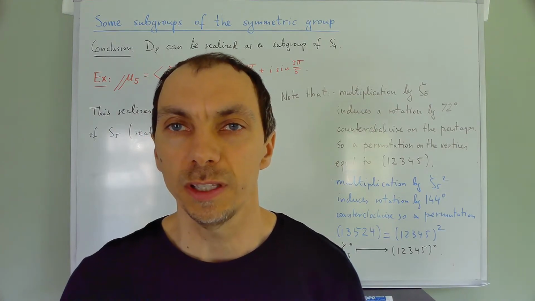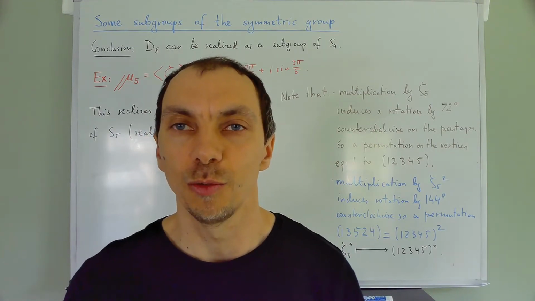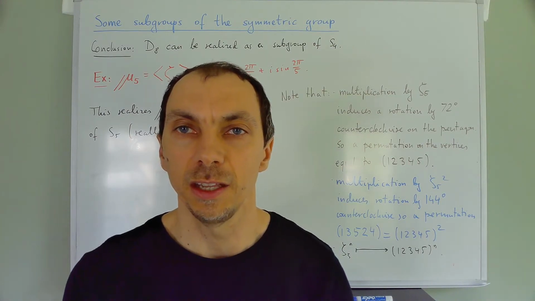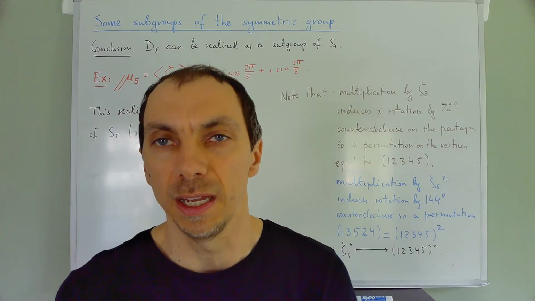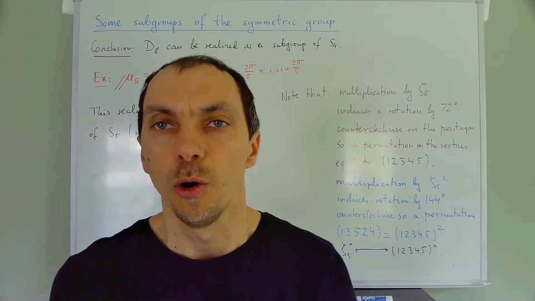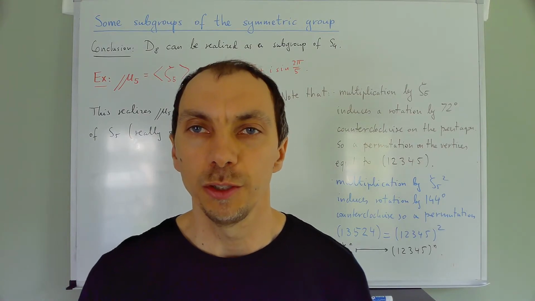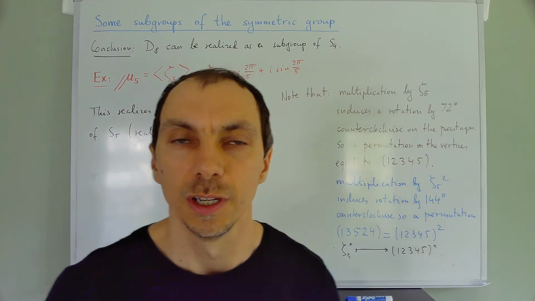So what's the proper mathematical way of expressing this idea, that I can realize some group as a subgroup of S5 or S4 and so on? Well, we can use our friend the homomorphisms.